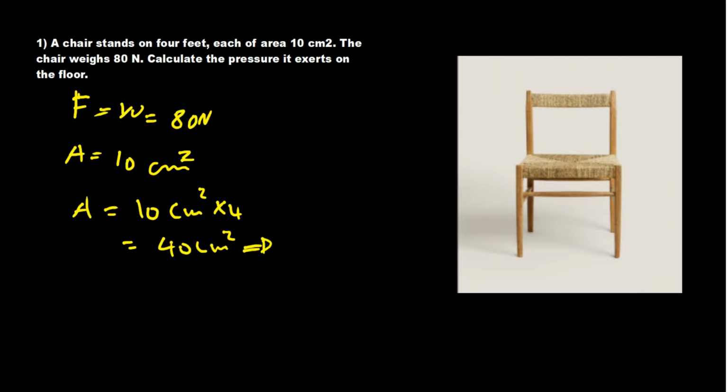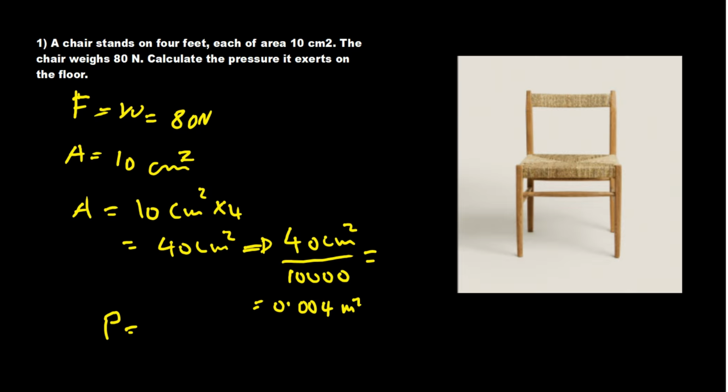You have to keep in mind that always when you are finding force, pressure, area should be in meter square, not centimeter square or other unit. So we take this 40 centimeter square and convert it into meter square. We divide by 10,000, which gives us 0.004 meter square.